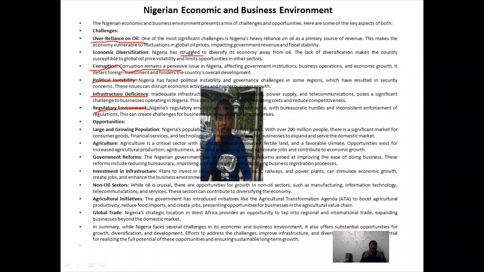Agriculture, sell it to them. There is a big opportunity in Nigeria for agriculture. We have arable land. Government reforms, they are doing a bit but not doing enough, right? So mention it. Investment in infrastructure, mention it, especially for adults if they want to diversify into it.